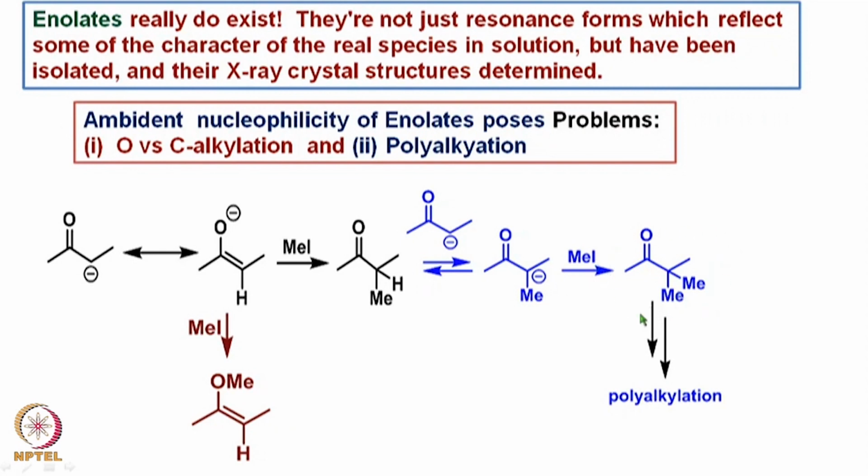Now this dimethylated compound in principle has 3 more hydrogens alpha to the carbonyl group, which can be deprotonated, and each of them can undergo alkylation eventually to lead to polyalkylation.